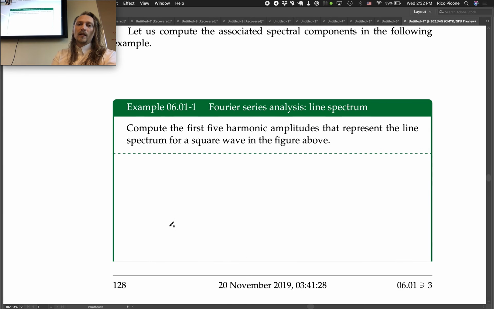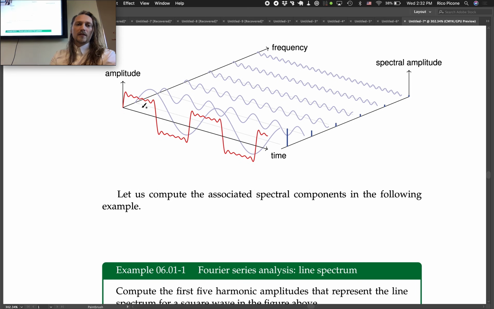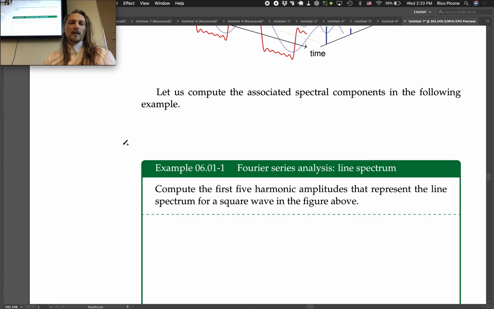Okay, so compute in this example. Compute the first 5 harmonic amplitudes that represent the line spectrum for a square wave in the figure above. So this is the square wave. If this is the origin, t equals 0, then it has this value, call it amplitude 1, etc. Then it just repeats, right?